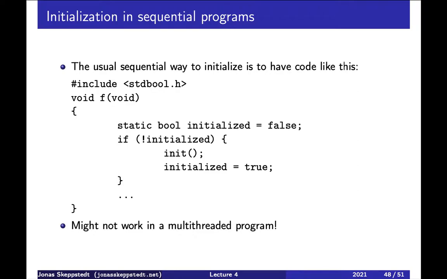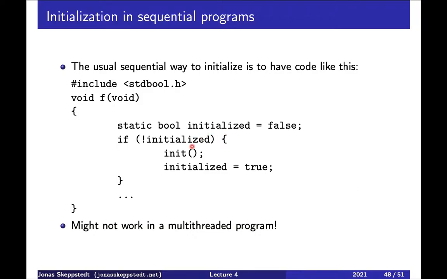When we initialize a sequential program, we may do like this, or we have a certain function in the API that lets the client call that function to initialize it. But maybe we have released the API before without such an initialization function and want to add it afterwards.